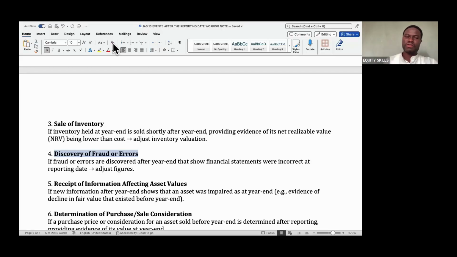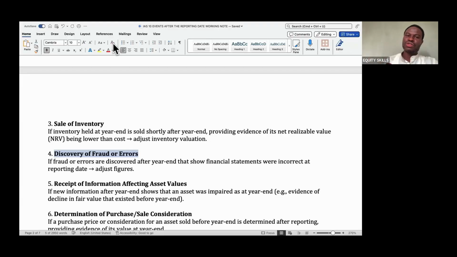affecting a prior period, you are going to correct that error retrospectively. Correcting retrospectively means you will not go and adjust the previous year's accounts anymore. You cannot touch that anymore.